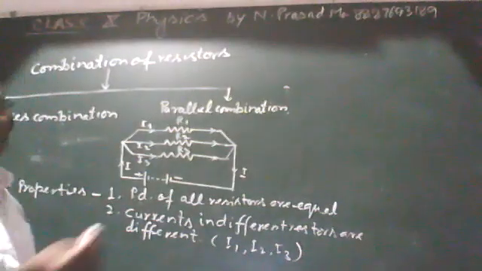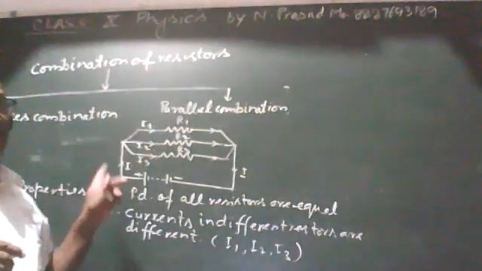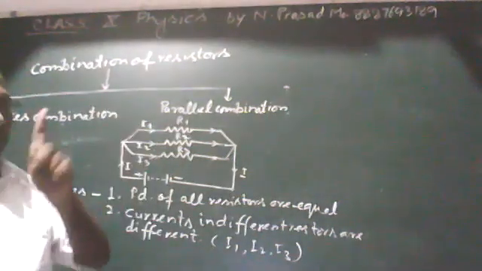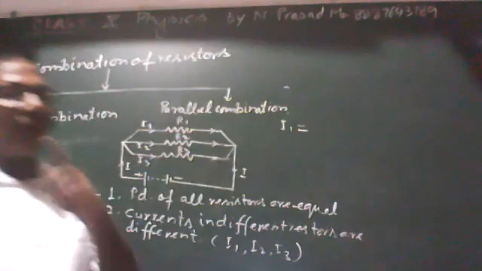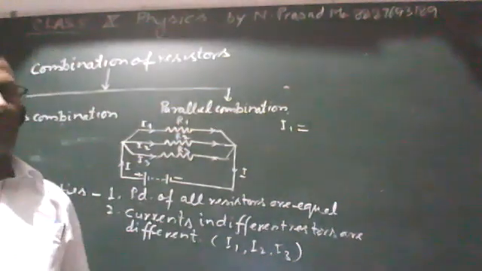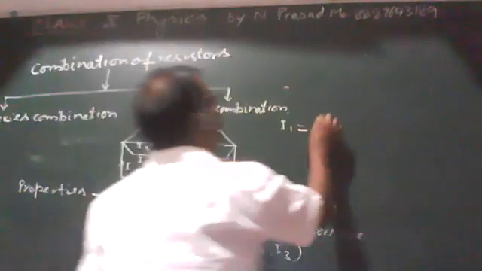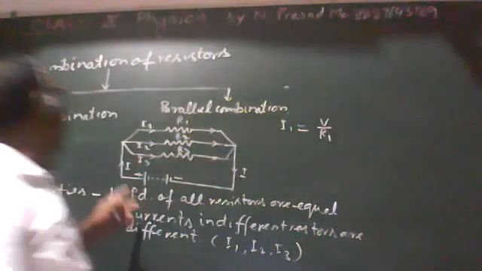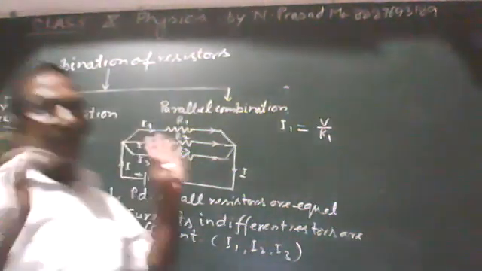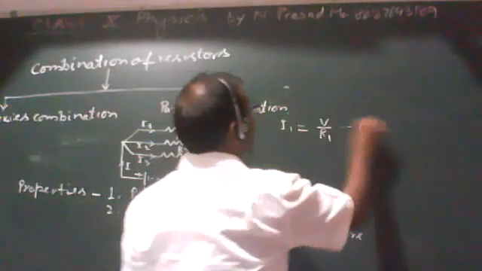Okay, for the expression, since here currents are different, that's why we will find I1, I2 and I3. For the expression, I1 is equal to, from Ohm's law you know that I is equal to V upon R. I1 is equal to V1 upon R1, but V1, V2, V3 all are V. That's why we will write I1 is equal to V by R1, equation first.